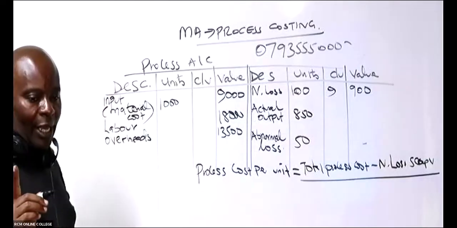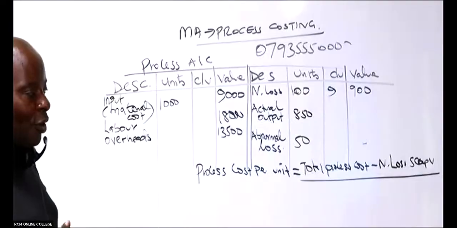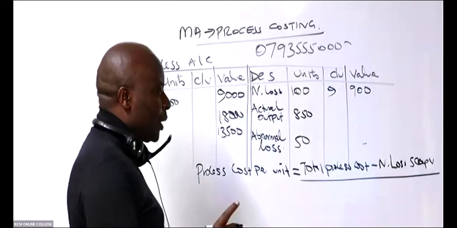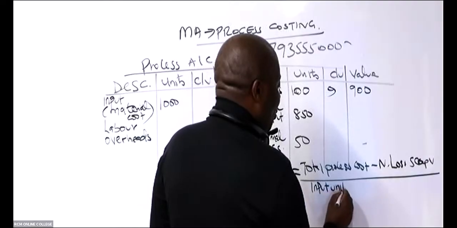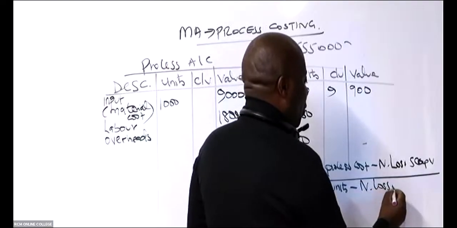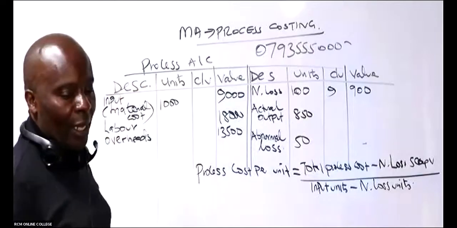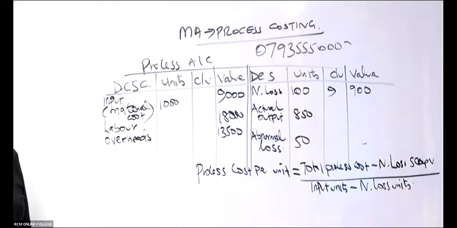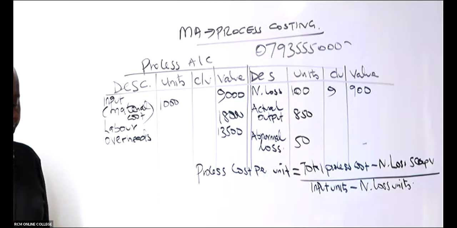Please listen, I'm bringing in something new because now we are becoming professionals. This is the formula we shall be using consistently, especially now that we are going to what we call work in progress.